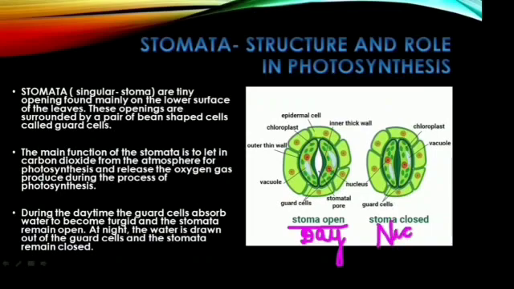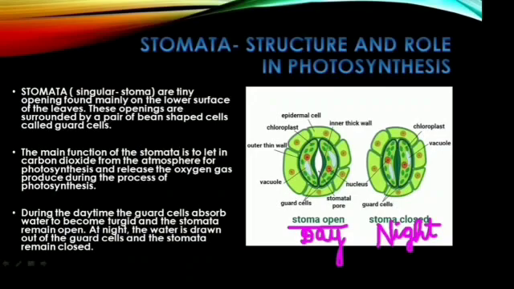Now, opening or closing of the stoma depends on some factors such as the concentration of glucose or starch in the guard cells, or the concentration of water in the surrounding epidermal cells.